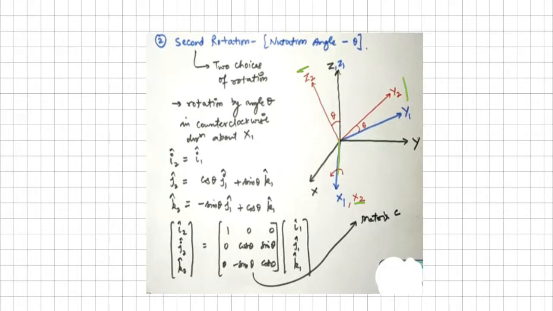Again I will make it green now. This is x1, this x2, y2, and this z2. So this is the axis system we have obtained after this rotation by an angle theta. I hope I am clear.